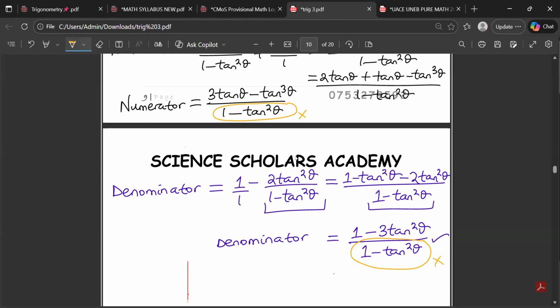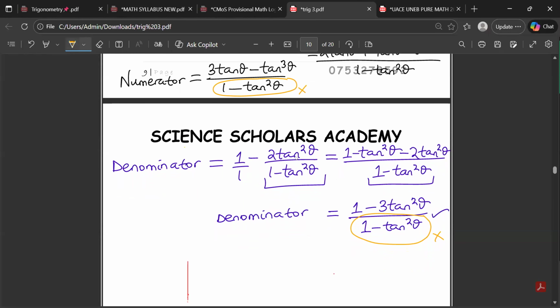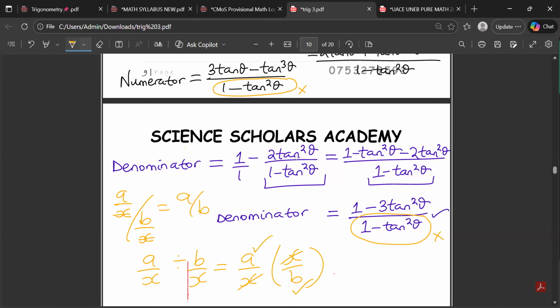Just like you can have a over x divided by b over x, this x can cancel. Why? Because a over x divided by b over x is a over x times x over b. So the x will cancel and remain with a over b. The best thing is to just cancel it from this step and remain with a over b without wasting time.